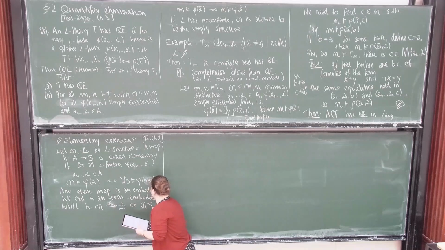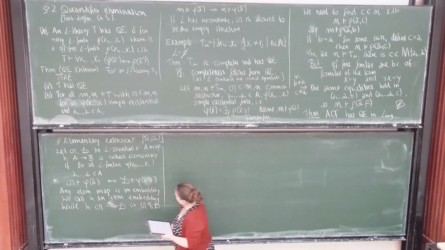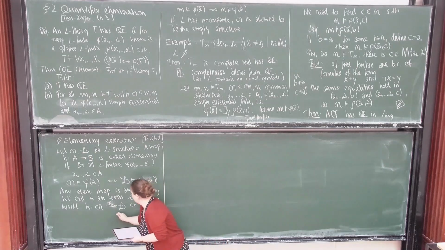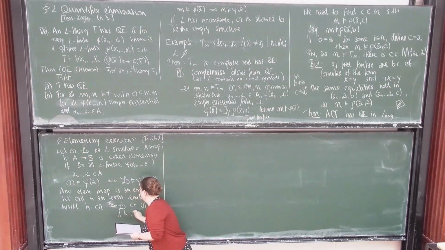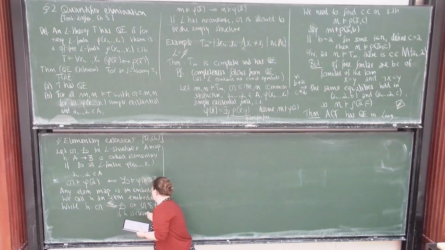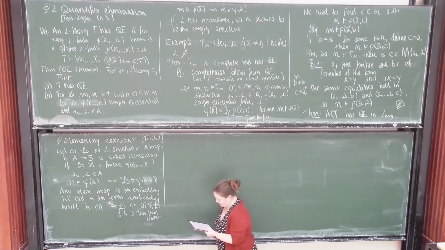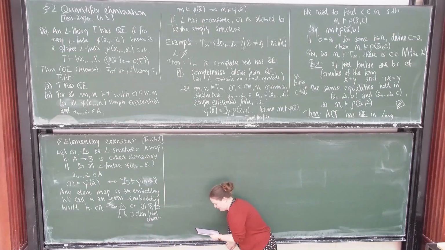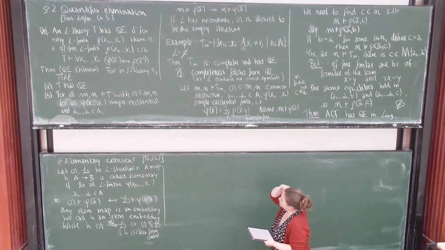Or A is an elementary substructure of B if H is clear from context, or in other words, it's just an inclusion.